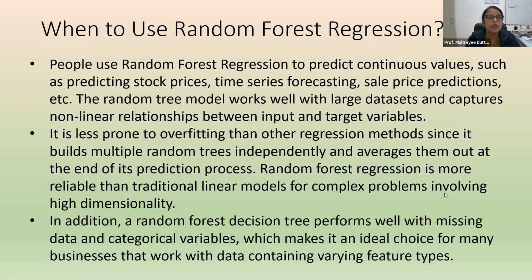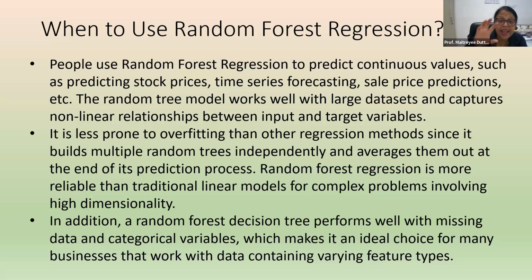People use random forest regression to predict continuous values, such as prediction of stock prices, time series forecasting, and sale price prediction. It is less prone to overfitting than other regression methods, because it builds multiple random decision trees.